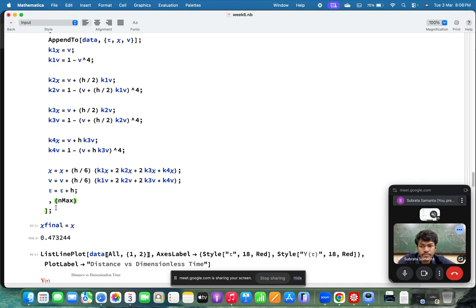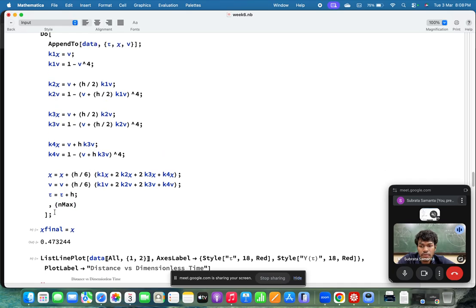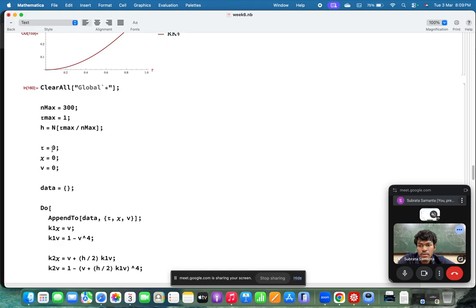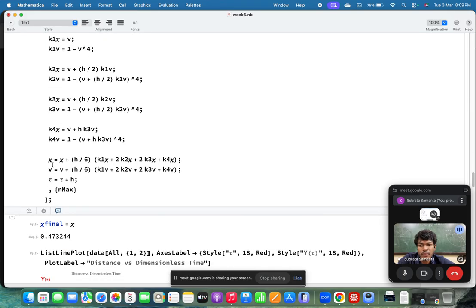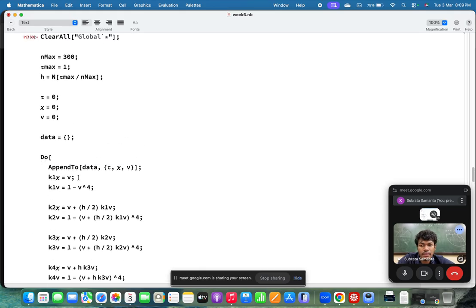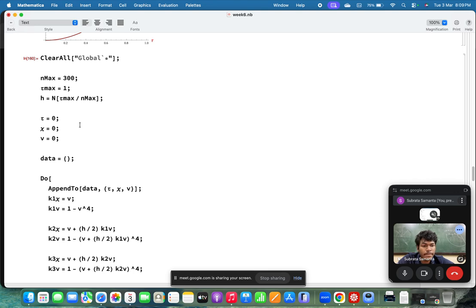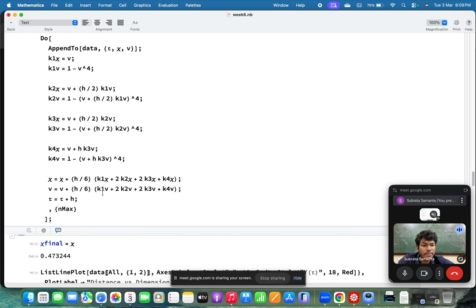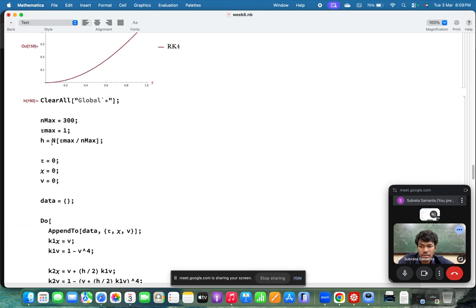So, basically one should do that. So, what is the value of chi? Because if you call the value of chi, it returns the last value of chi, which means the value of chi at n max, because you perform the loop n max times in a step of h, and h is calculated from the t max.